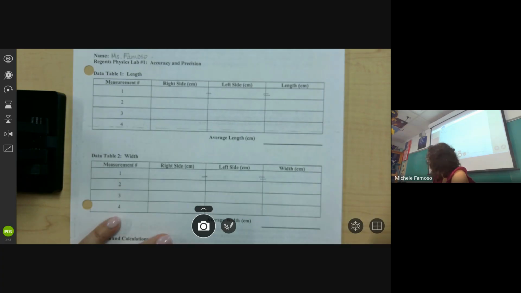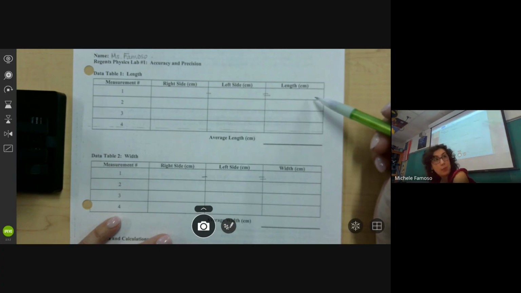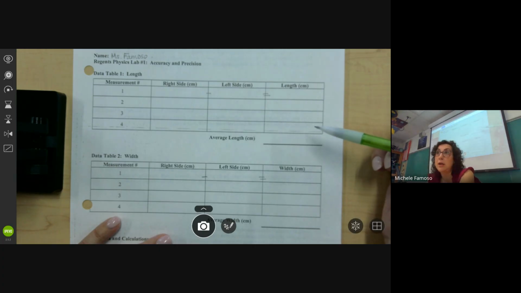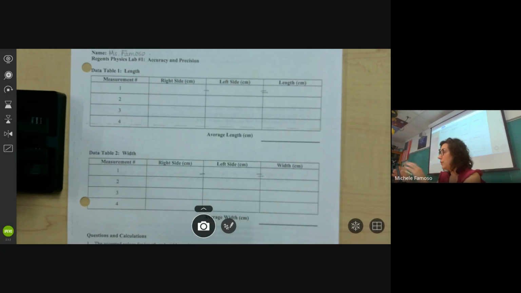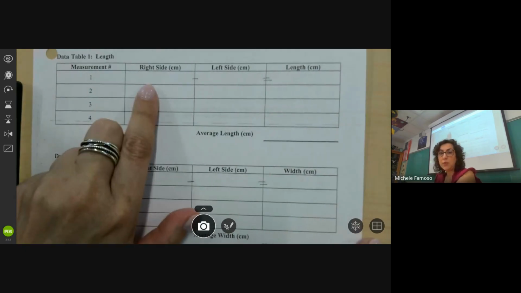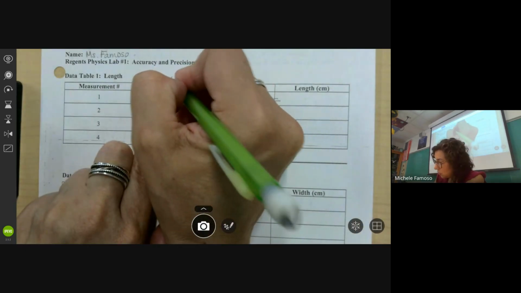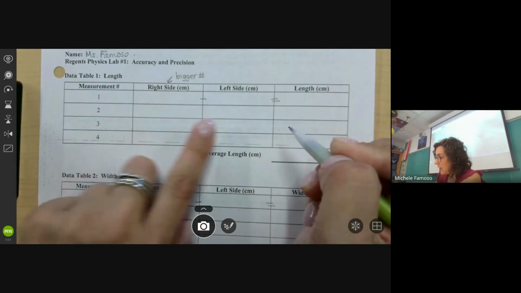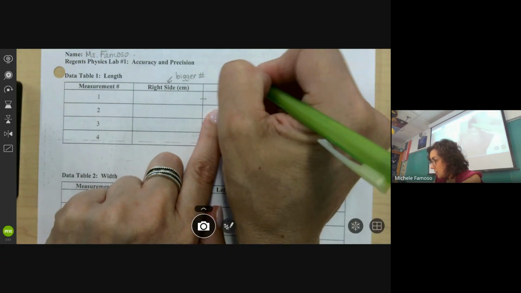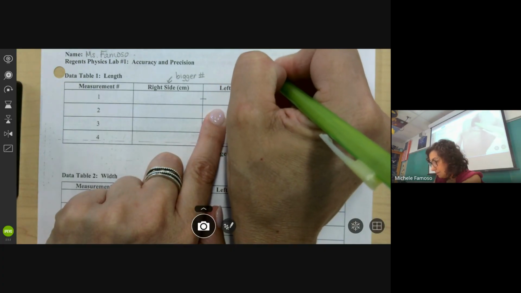I do have calculators. So if you need help with the subtraction, you don't want to do it in your head, I'll give you a calculator. But I suspect some of you probably have a calculator in your backpack from math class. You can pull it out and use it when we get there. I just want to remind you of a couple things. The right side is going to be the bigger number. The left side is going to be the smaller number.